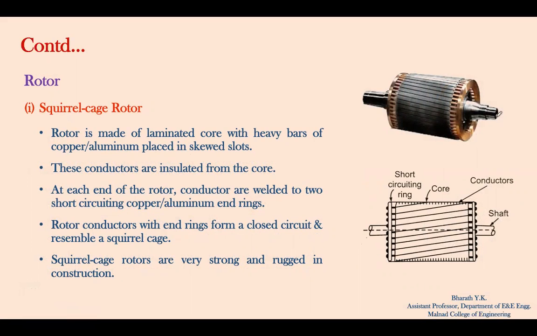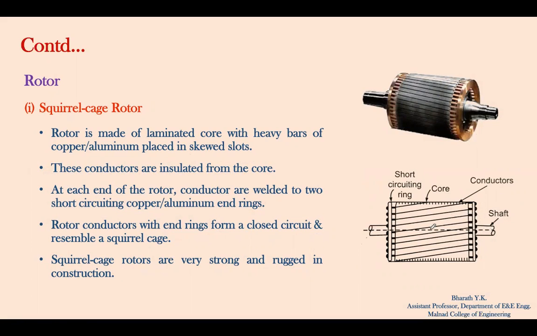The rotor core of a squirrel cage induction motor is made up of laminations, and the slots are cut on the outer periphery of the core. These slots are not in parallel with the shaft, but they are skewed.